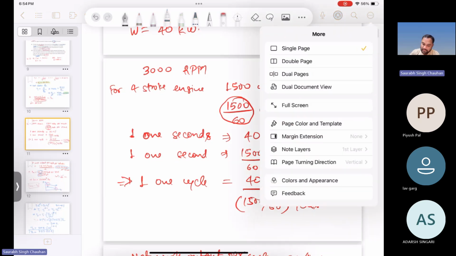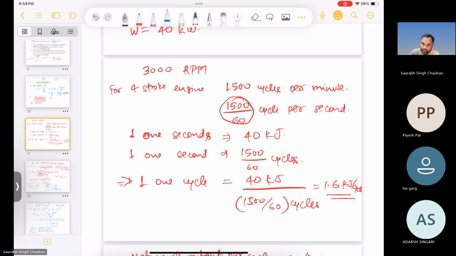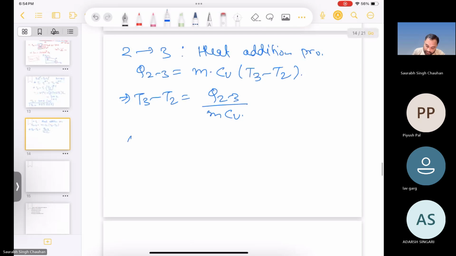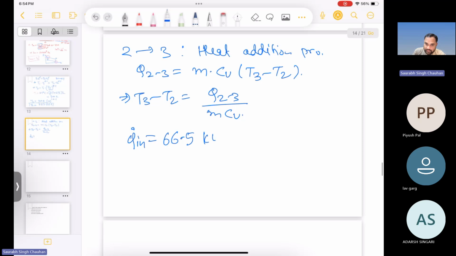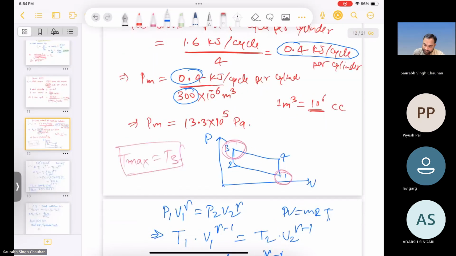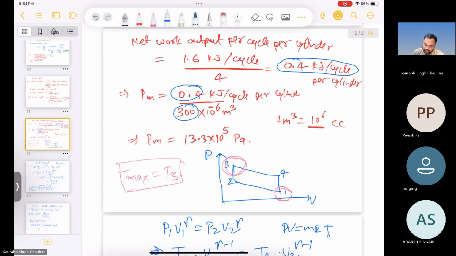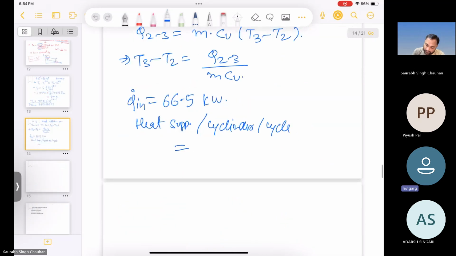I think we have found this out already. Q in was 66.5 kilowatt. So the heat supplied per cylinder per cycle will be how much? There are 4 cylinders, right?